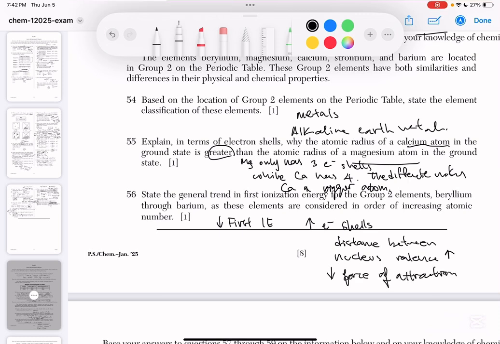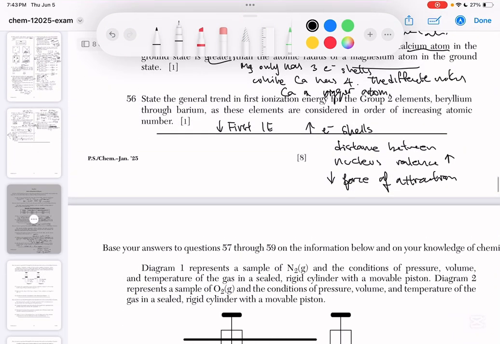Therefore, it becomes easier and easier for other electronegative elements to take away the electrons from the elements that are further down group 2. So, yep.